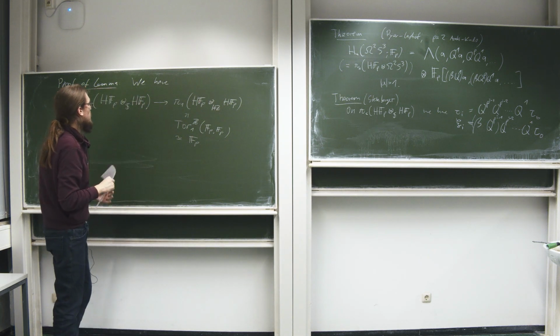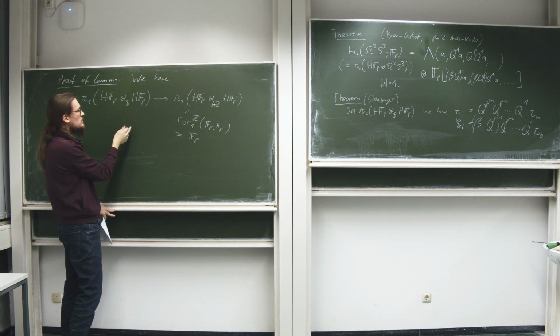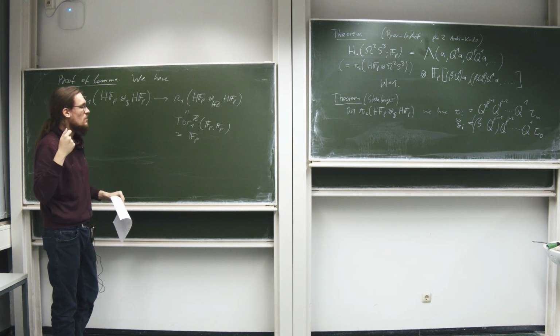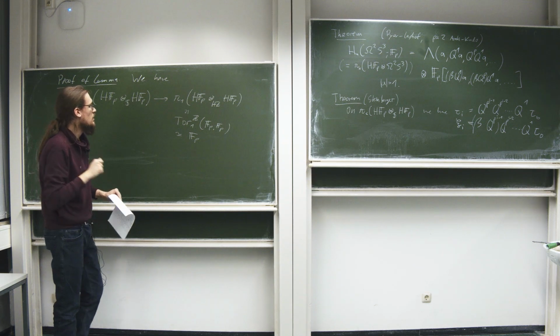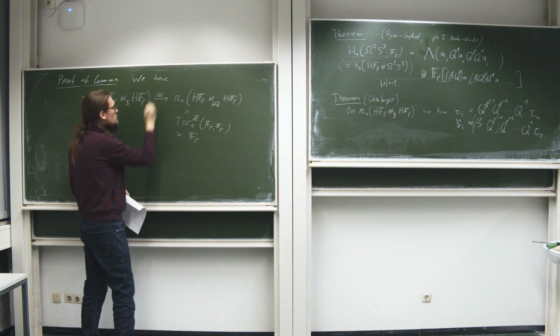And now the crucial fact here is that for connectivity reasons, using the fact that the map from S to HZ is 1-connected, you can check that this map is an isomorphism.